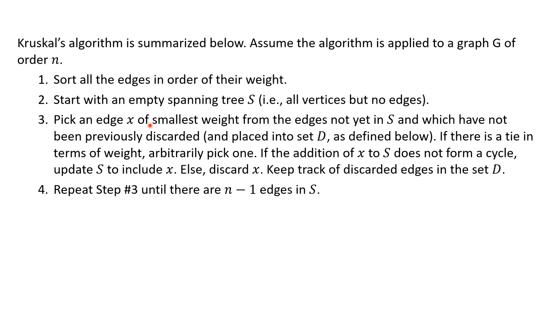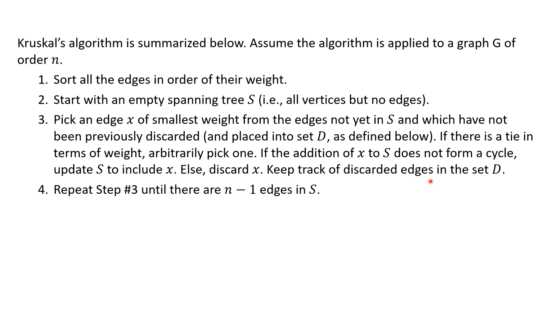Pick an edge x of smallest weight from the edges not in S, and which has not been previously discarded. If there is a tie in terms of weight, arbitrarily pick one. If the addition of x to S does not form a cycle, update S to include x, else discard x.